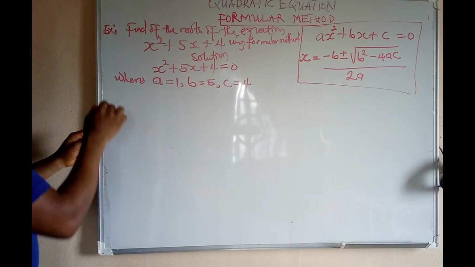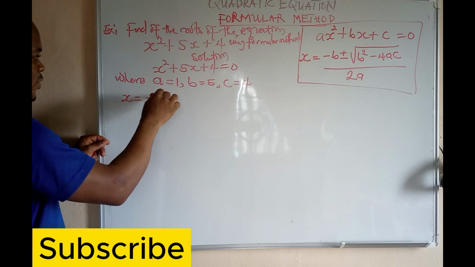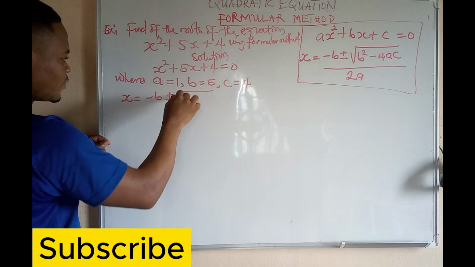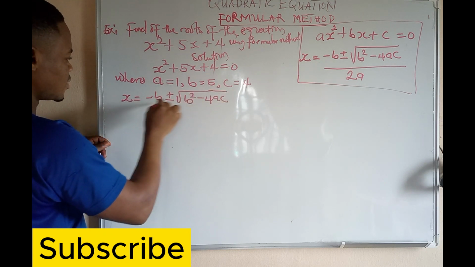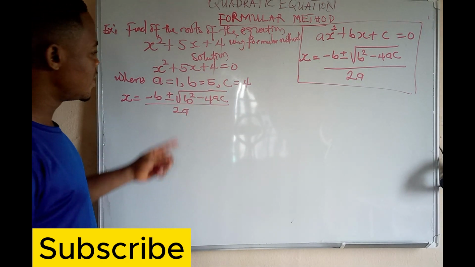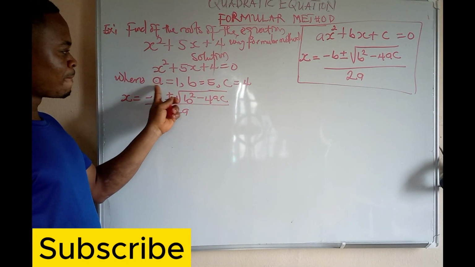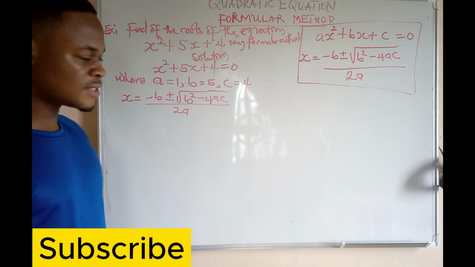So we already have that x is equal to minus b plus or minus the square root of b squared minus 4ac, all over 2a. All we need to do is replace these values in this equation and we'll get the values of x.